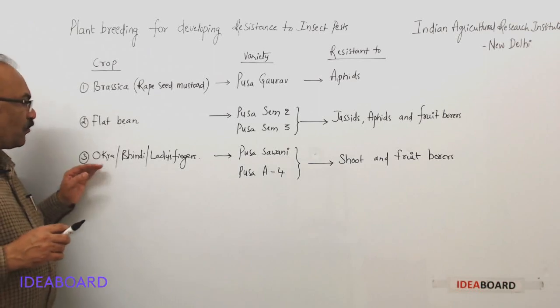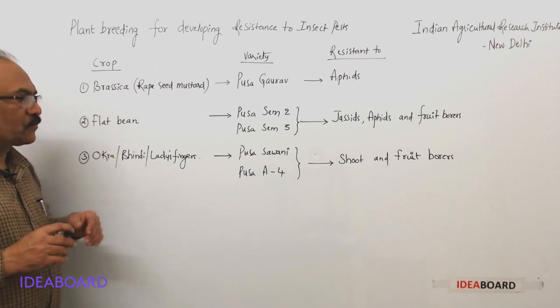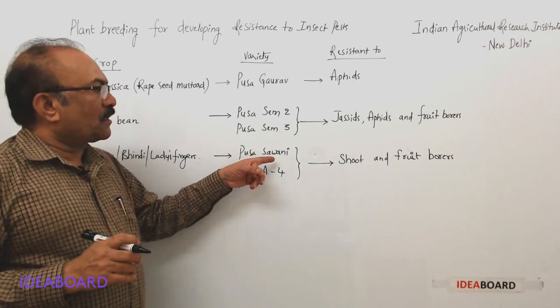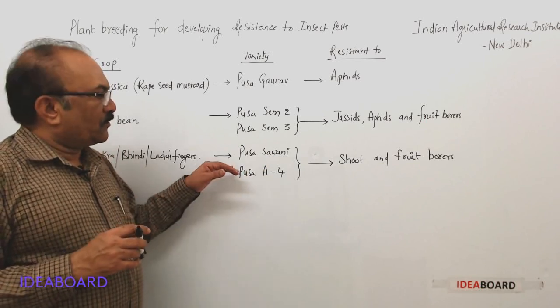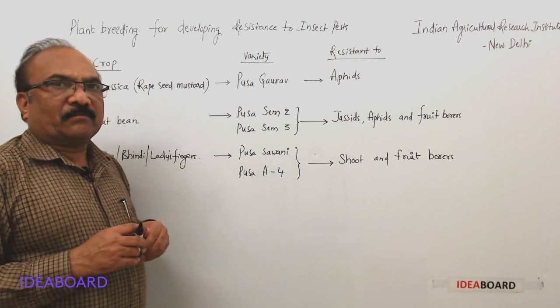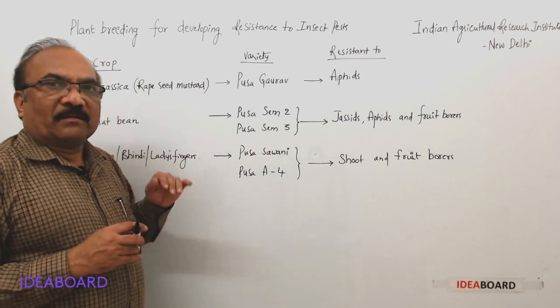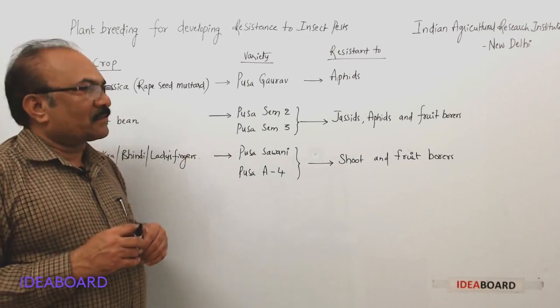So when we come to this Okra or Bindi, that is lady's finger, they have developed these two varieties, Pusa Sawani and Pusa A4. Means these two are released into the market because they found that they are effectively avoiding the insect visit.